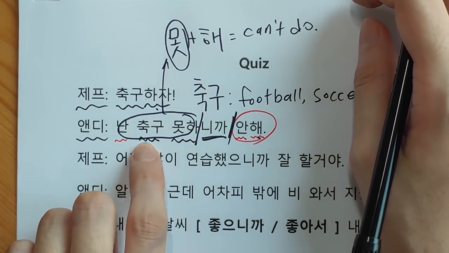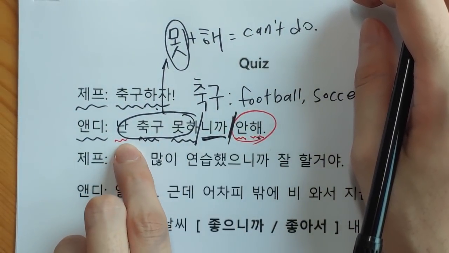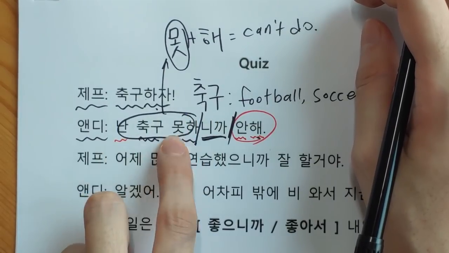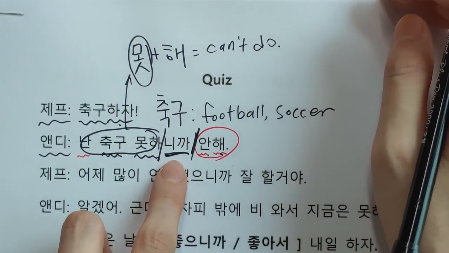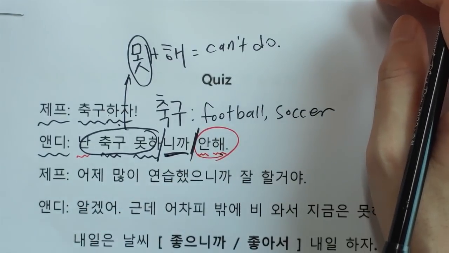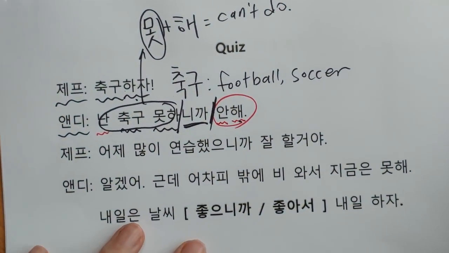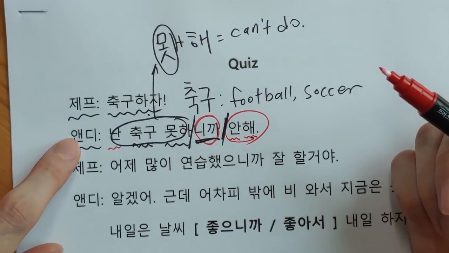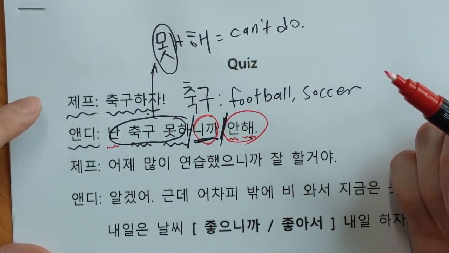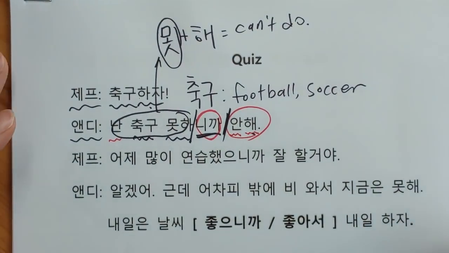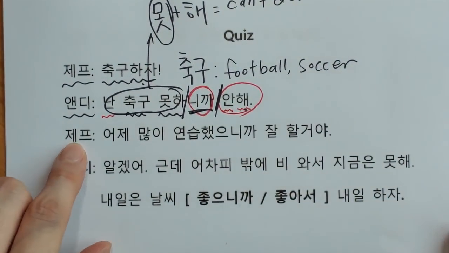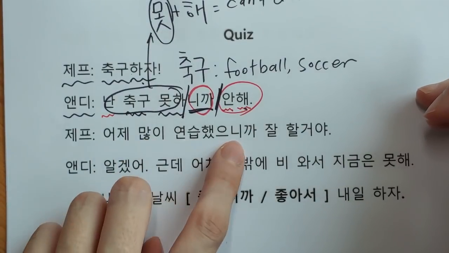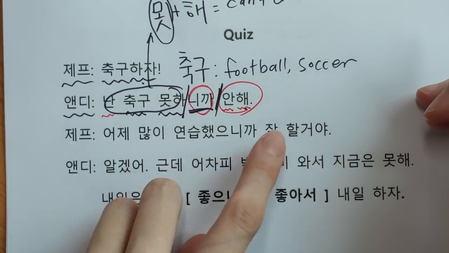So 난 축구 못하니까 means I'm not good at soccer. I can't play soccer. So I won't play. 난 축구 못하니까 안 해. And here, 니까 is used because Andy not being good at soccer is probably something that both Jeff and Andy know, right? And Jeff says, 어제 많이 연습했으니까 잘할 거야.